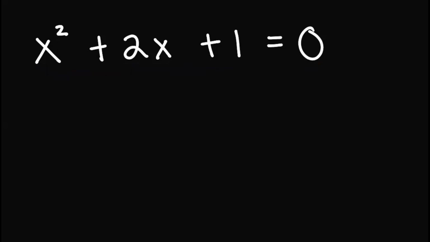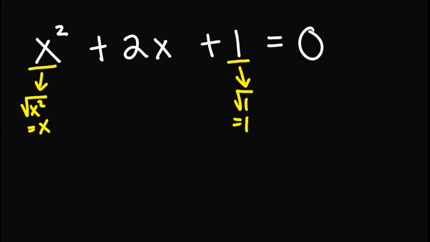And observe that this trinomial is actually a perfect square trinomial. Indeed, x squared is a perfect square, since the square root of x squared is equal to x. 1 is also a perfect square, since the square root of 1 is equal to 1.